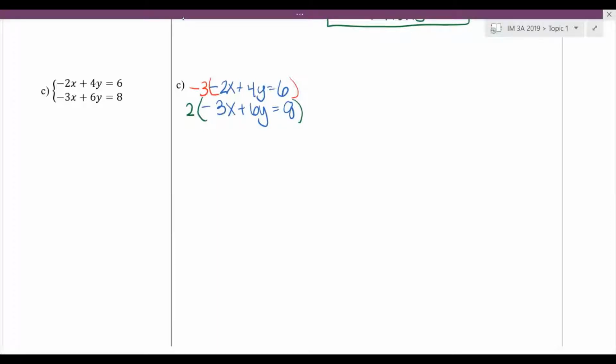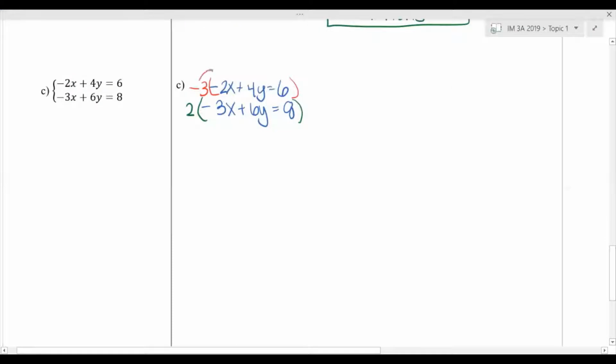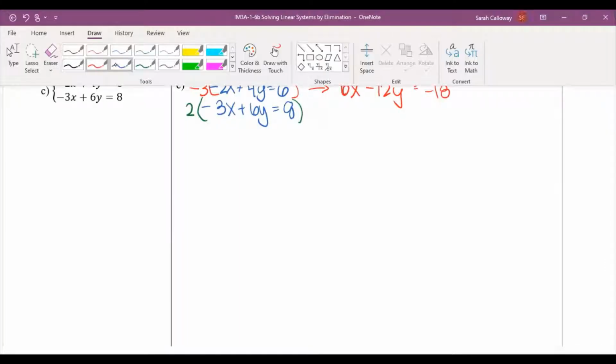Okay, so let's distribute. If I multiply negative 3 times negative 2x, I get positive 6x. If I multiply negative 3 times 4y, I get negative 12y. And then negative 3 times 6 gives me a negative 18. So my first equation has turned into positive 6x minus 12y equals negative 18.